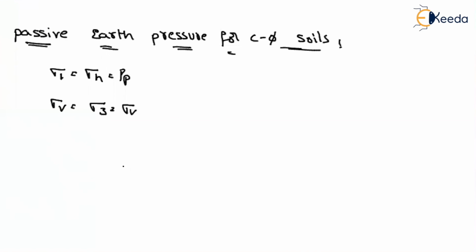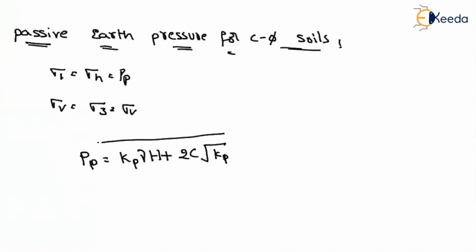Similarly, if you follow the same procedure, you will get the passive earth pressure equal to Kp into gamma into h plus 2 into C into root Kp. By using this relation, we can find the passive earth pressure at any point if it is a C-phi soil. Let us say Kp into gamma into Z.